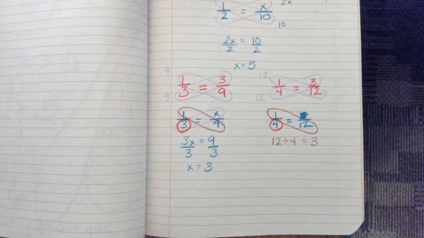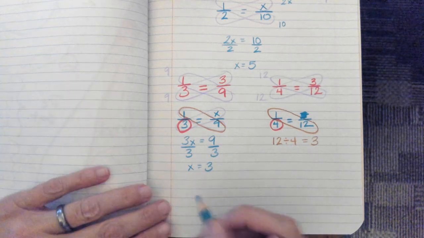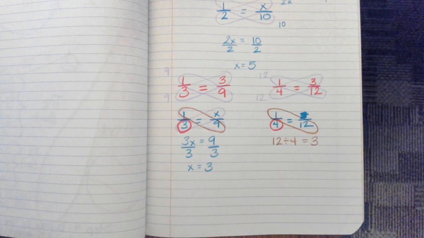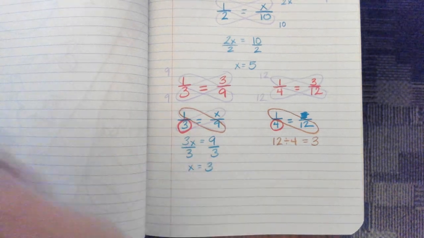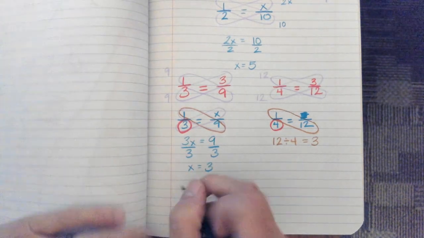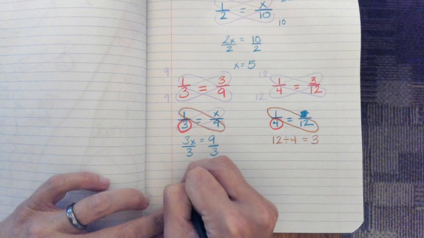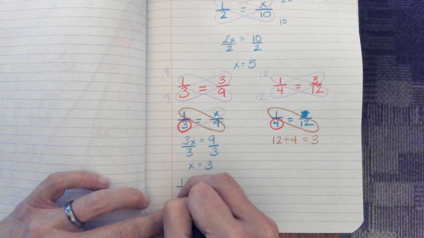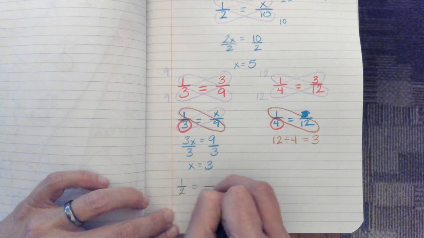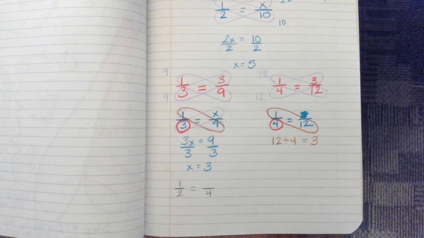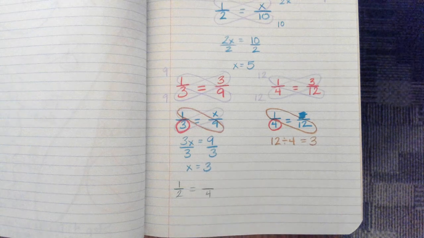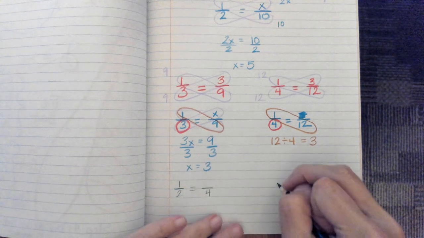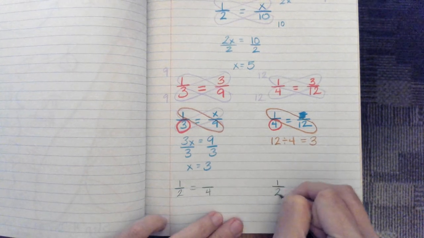I'm going to do one more example both ways. And again, I'm going to use some nice friendly numbers. So we'll do 1/2 equals something over 4. Well, I think you know that's going to be 2/4, and I'm going to actually do the same one twice.